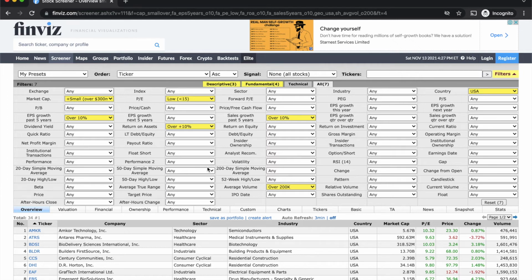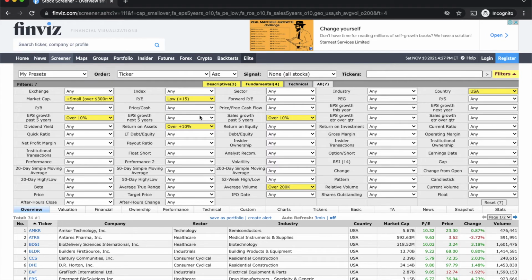We don't just want to pick up good companies, we also want to pick up good companies which are trading at a discount. So these three are going to take care of the good company part, and this price to earnings is going to take care of the undervaluation. So don't just use price to earnings, and I hope by this time it's clear why using P/E alone is a very, very, very bad idea.